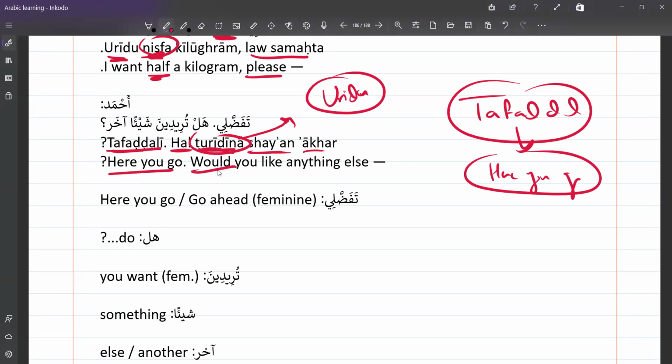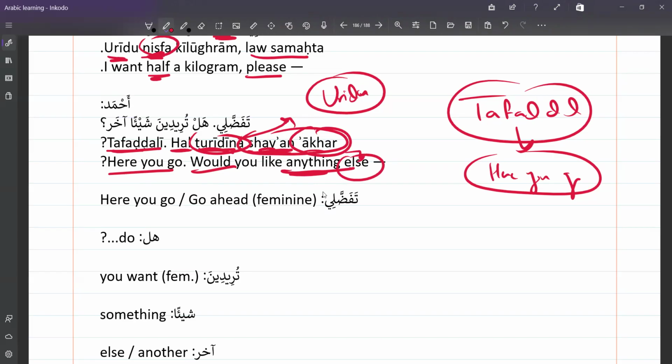So the clerk Ahmad asks, Hal turidina shay'an akhar? Now this phrase shay'an akhar, we have done. Shay'an means thing or anything. Akhar means else. So Ahmad asks, تفضل. هل تريدين شيئا آخر?